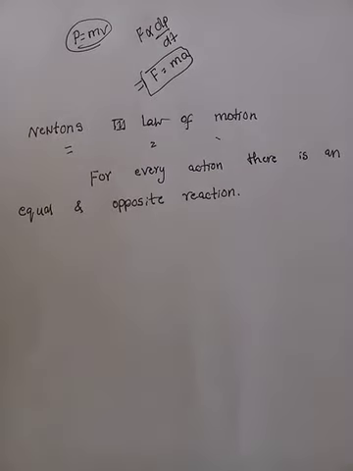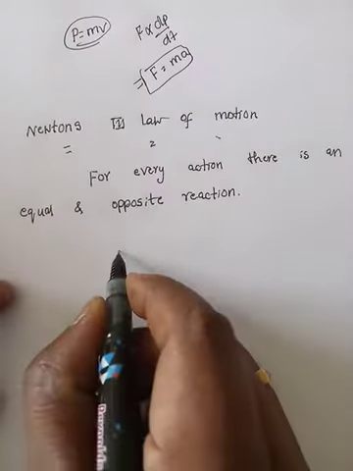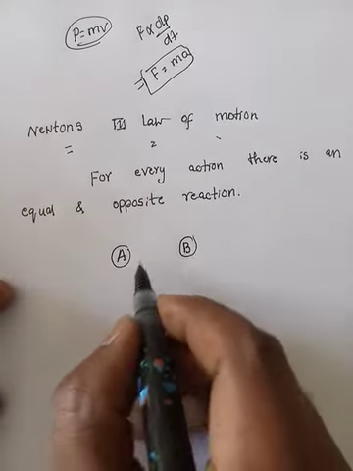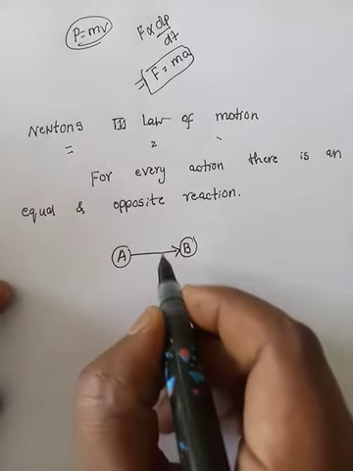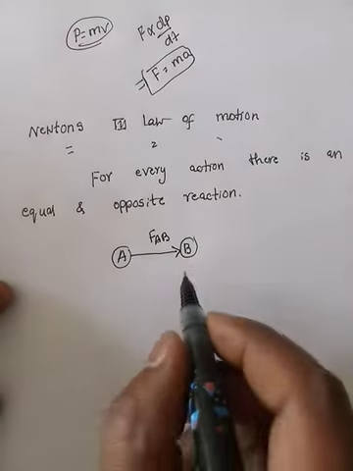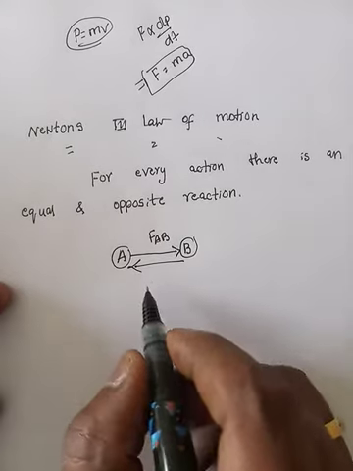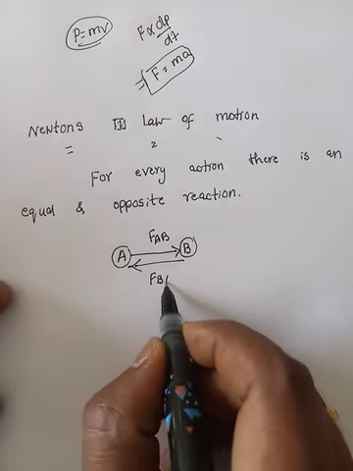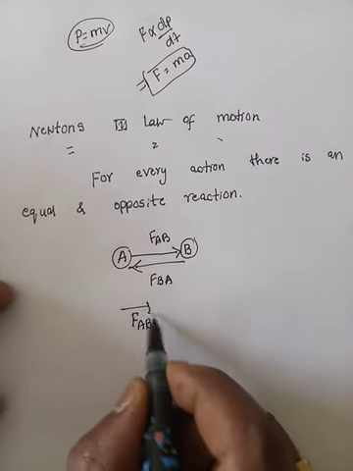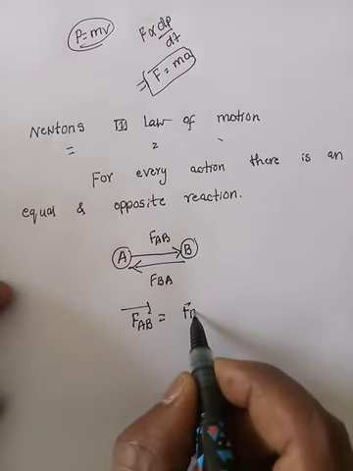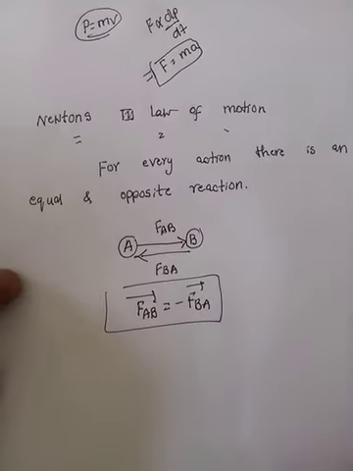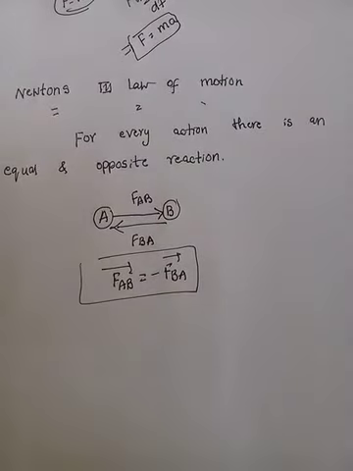For example, consider two objects A and B. The force exerted by A on B is FAB. Assume that B also exerts a force on A, that is FBA. According to the third law, FAB is equal to FBA, but in the opposite direction. That is Newton's third law of motion.